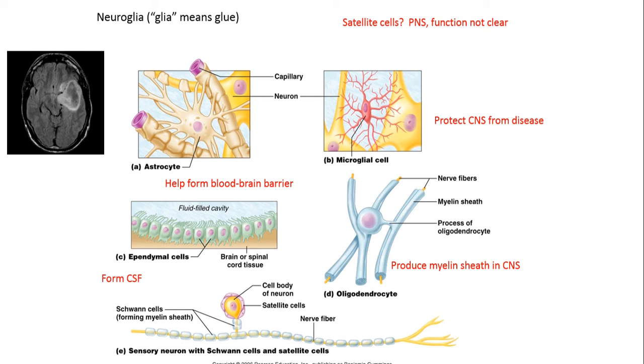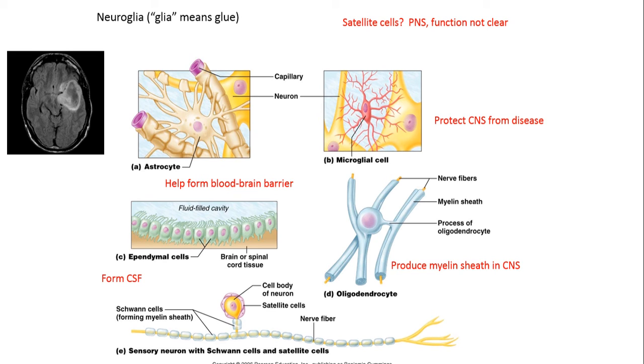That could include harmful mineral concentrations, or pathogens. Notice how these cells are wrapped around the capillaries inside the brain, so things can't leak out quite the same way. So astrocytes form that important barrier.